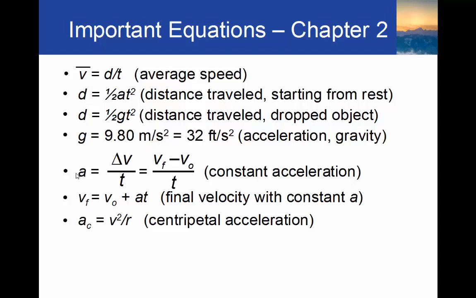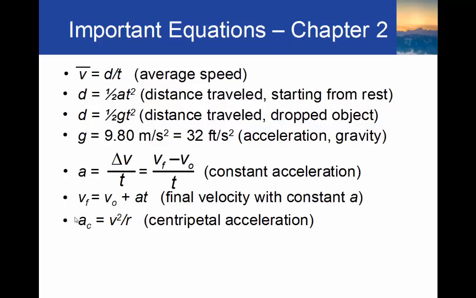The acceleration can be determined by determining the change in speed divided by the time over which that change occurred. That is the constant acceleration equation. That's also valid for finding an average acceleration in general. The final speed, if you have a constant acceleration, can be determined based on the initial speed v0 plus the acceleration times the time.